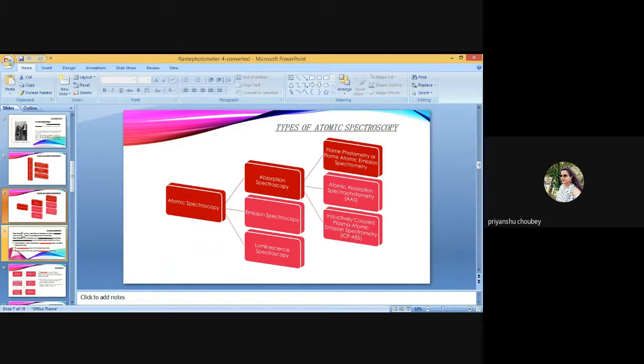Turn off the compressor and fuel support knob. The shutdown sequence for the nitrous oxide acetylene flame involves first changing over to the air acetylene flame and then exhausting it. Switch off the instrument.